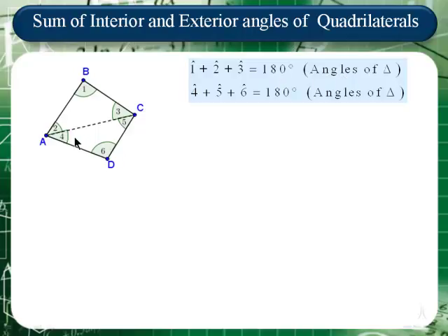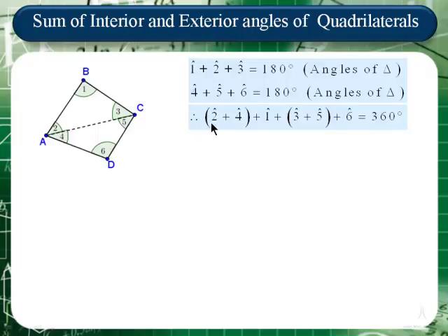In a similar way, the sum of angles 4, 5 and 6, being the interior angles of triangle ACD or ADC, will also be equal to 180.